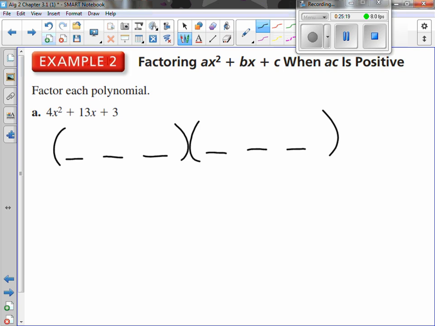If there's not a greatest common factor, we move on to step 2. It is our sign. We look at the sign of the constant term, and the constant term is positive. So we look at the middle term, and the signs would both be positive. When the constant term is positive, the signs are the same and they match the sign of the middle term.